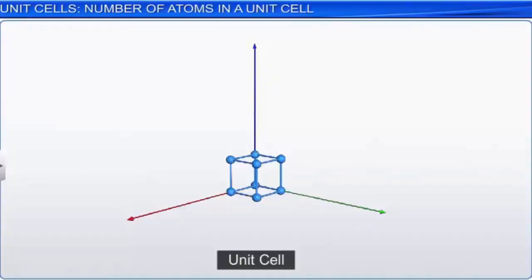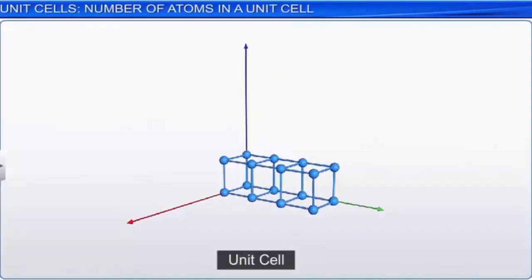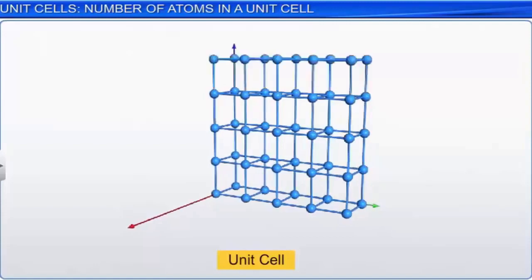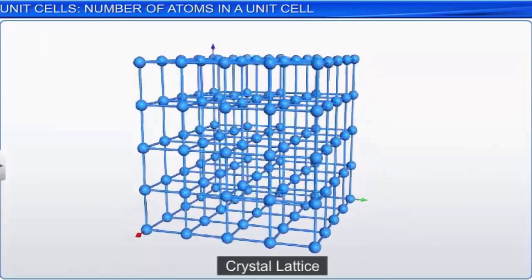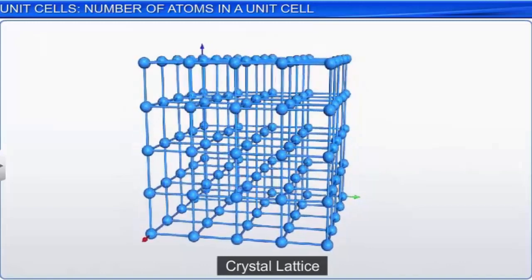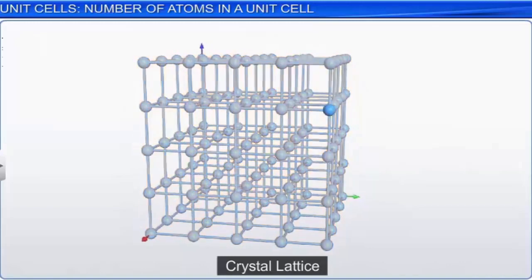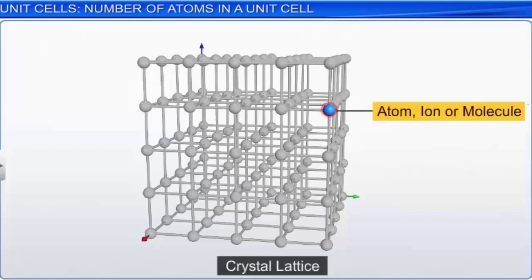You already know that every crystal lattice is made of an infinite number of unit cells, and every lattice site is occupied by a constituent particle that may be an atom, an ion, or a molecule.